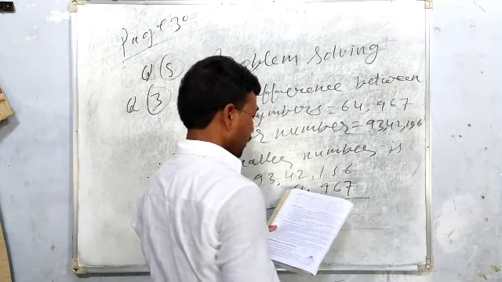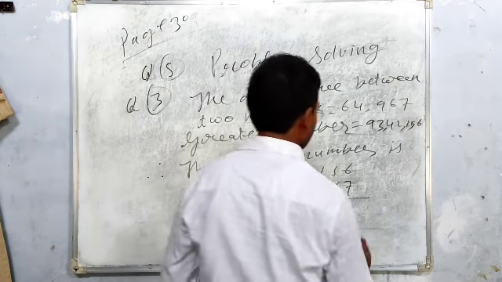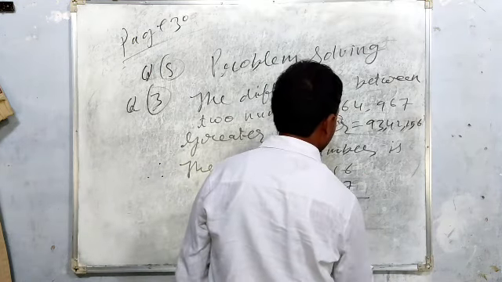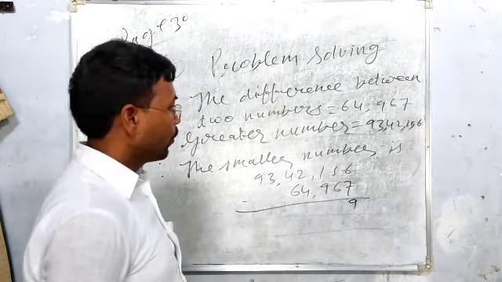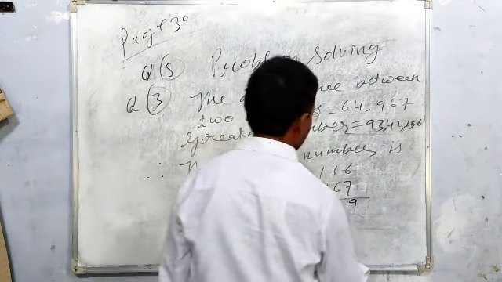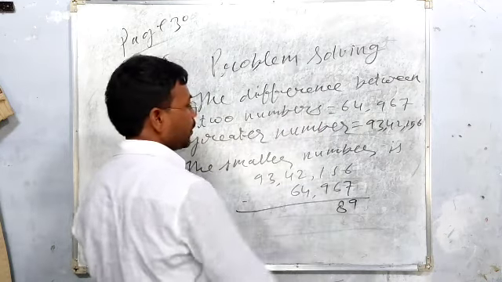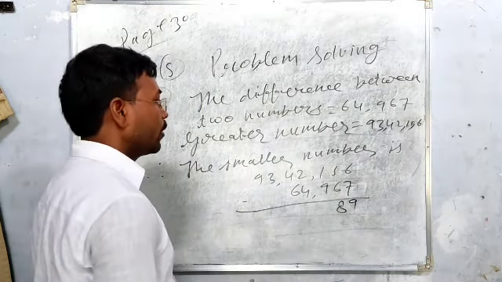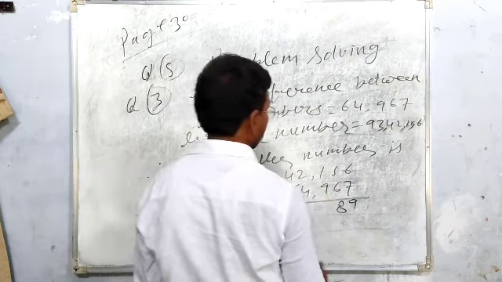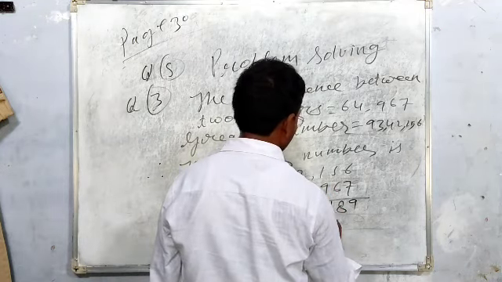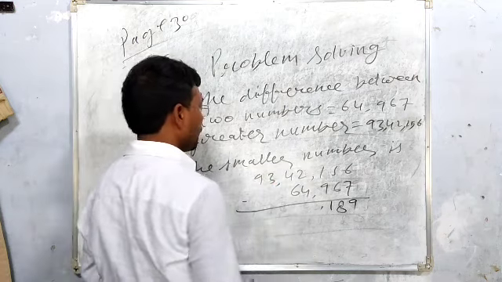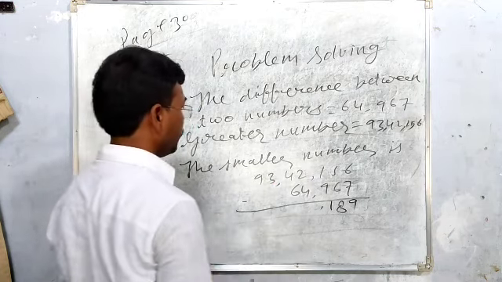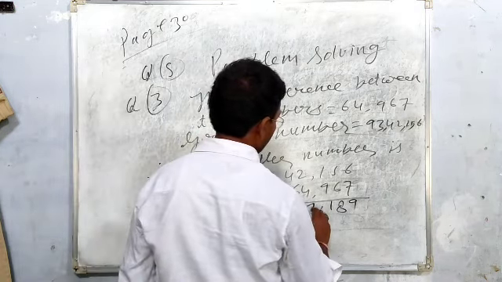16 minus 7 is 9. And here becomes 4. 14 minus 6 is 8. Here becomes 10. 10 minus 9 is 1. And then here becomes also 1. So 11 minus 4 is 7.